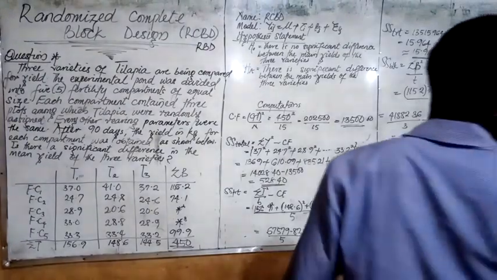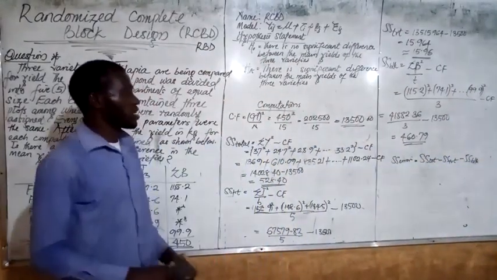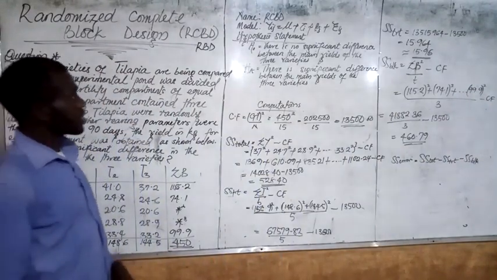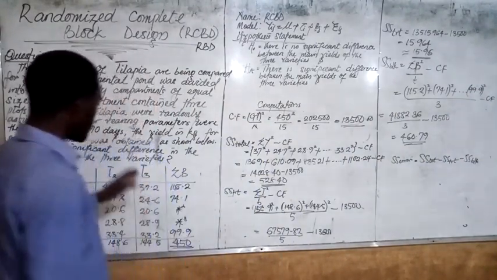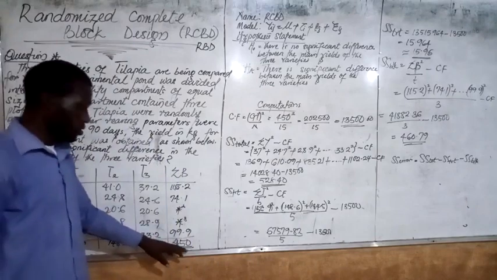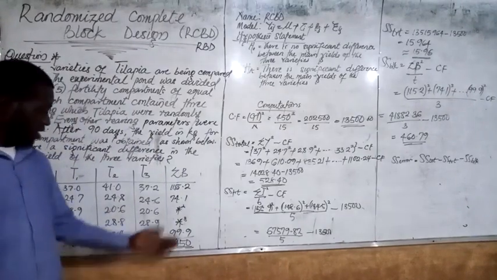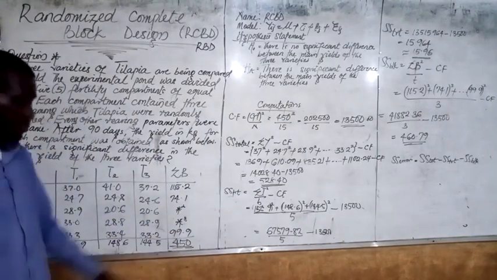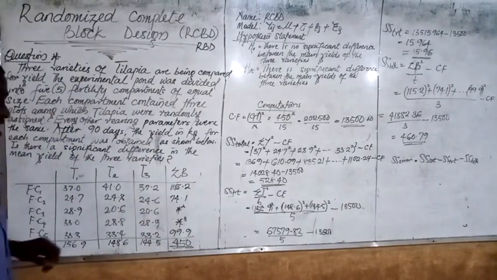So after taking the grand total, which is the sum of this and the sum of this, you're going to get 450.